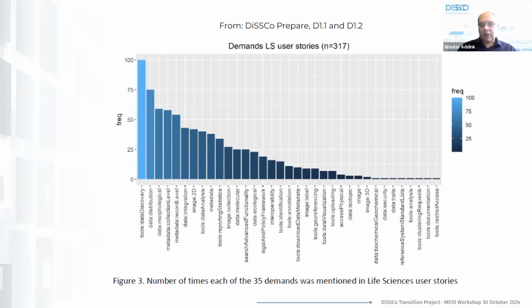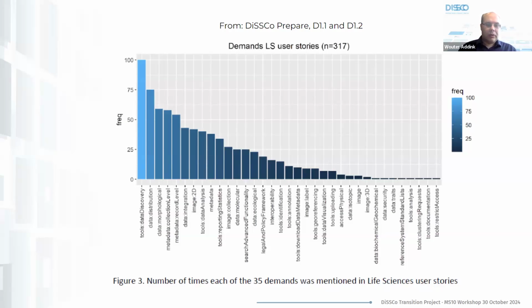There are more than 300 user stories from the life sciences, and also more than 100 user stories from earth sciences. The demands, the needs from life sciences and earth sciences are a bit different. So this is a summary of what was mentioned by life sciences.